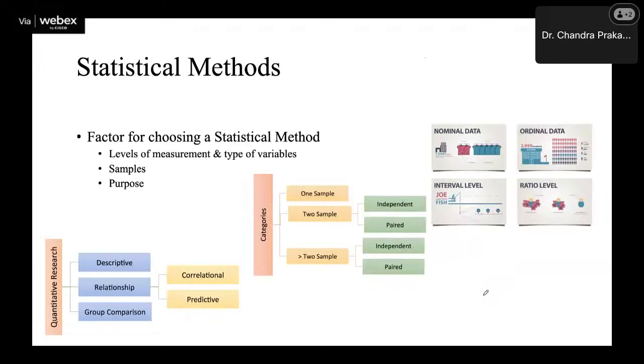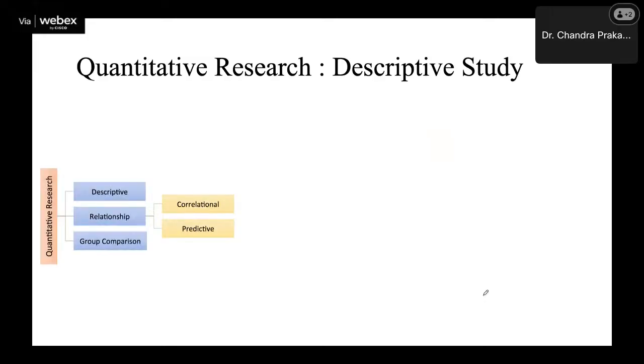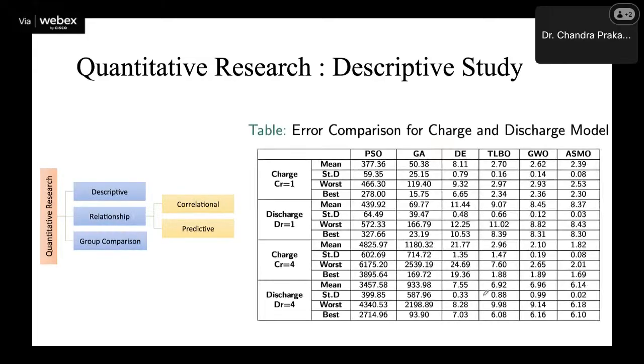So when we talk about the quantitative research, in that descriptive study is there. So let's say over here, this is the error comparison for charge and discharge model. I am thankful to my PhD scholars and some members from the lab. From there, I have taken this particular result.